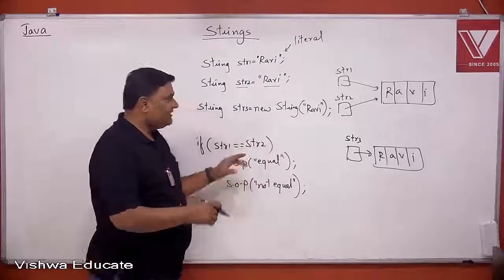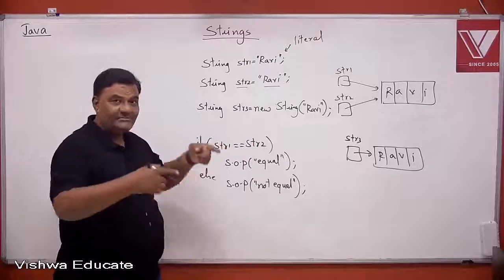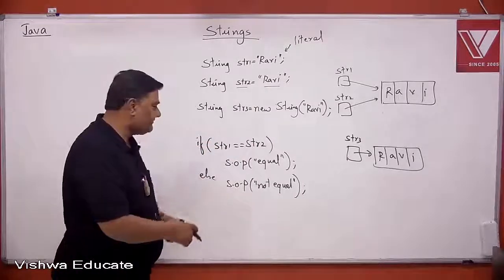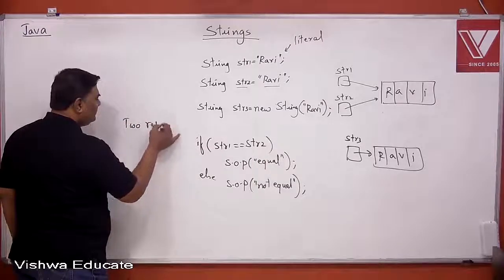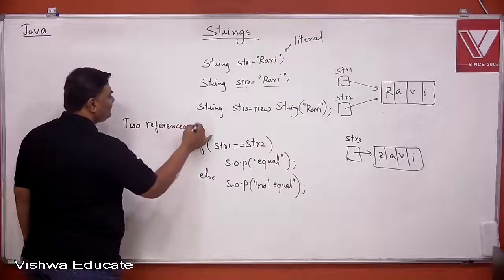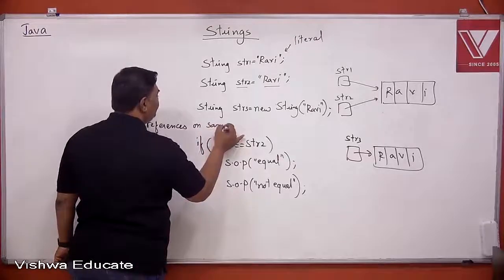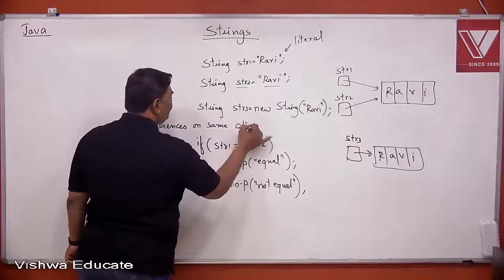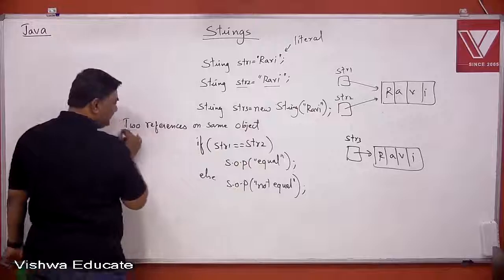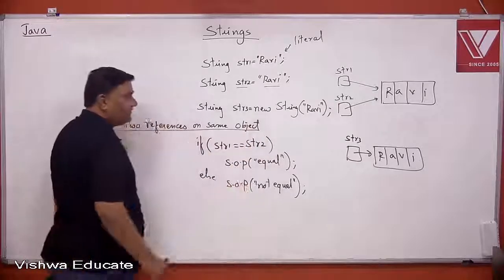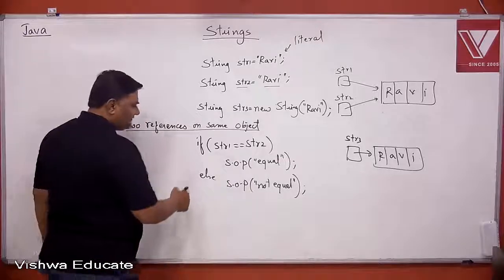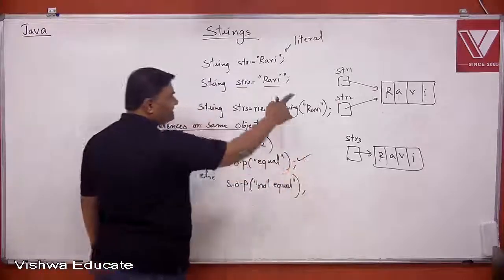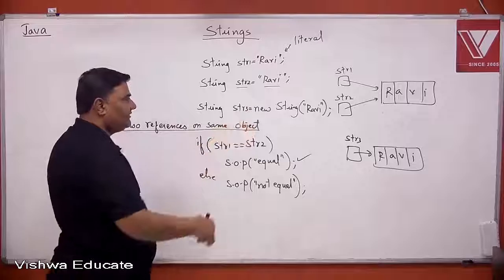It will check whether these two references are pointing to the same object. We are not checking whether two strings are equal or not. So the answer for this one will be equal, because yes, in this example both are pointing to the same object.